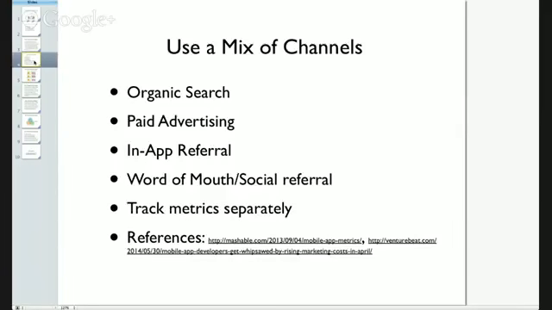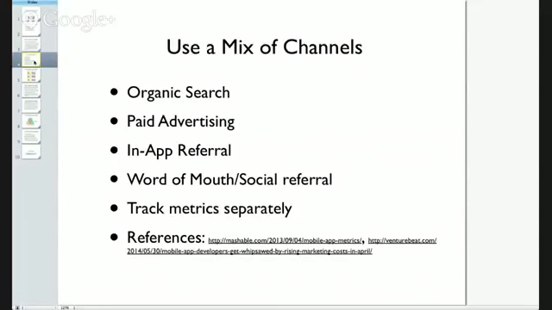One thing I'd like to say about acquisition is that there are a number of different ways. We talked about this last time. There's organic search, paid advertising, in-app referral, and word of mouth. The in-app referral is built into the game. If the game does not have the ability to send out information to the user, then you cannot have in-app referral.